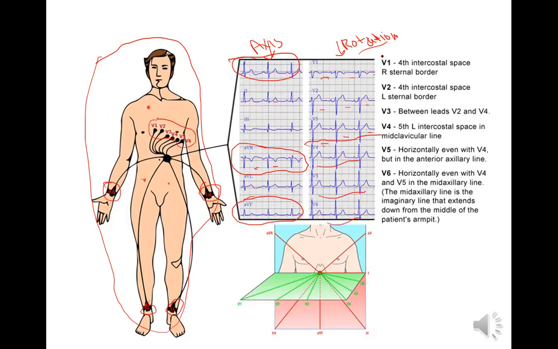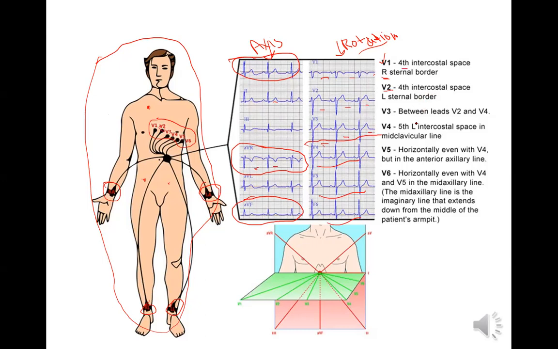And here, this is what you have to memorize a bit. Where exactly do these electrodes go in the chest or precordial leads? So we start at the 4th intercostal space on the right. This is the only one that goes on the right side of the heart. Okay, V2 is even with it, except on the left side. And you'll see better pictures coming up.